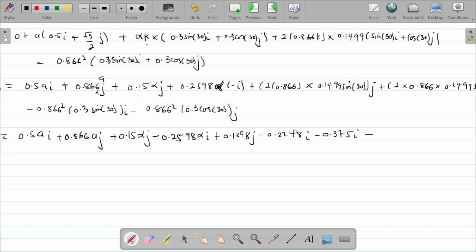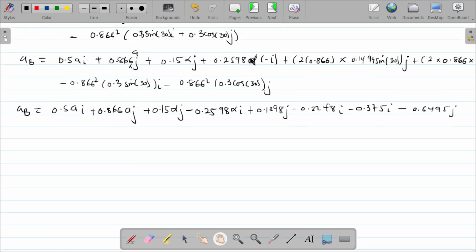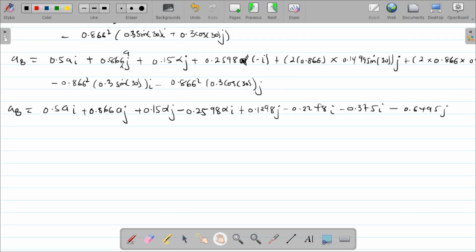We have 0.6495j. All right, so at this point we can group the I values and the j values.